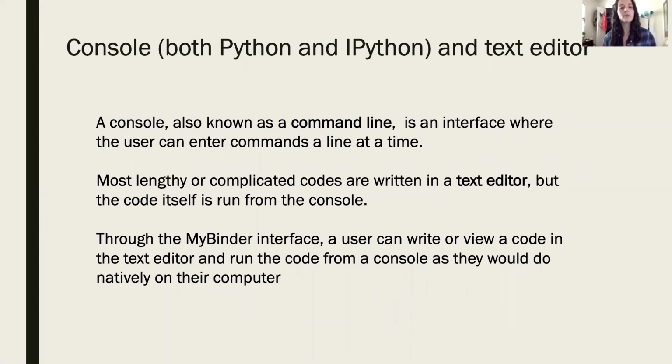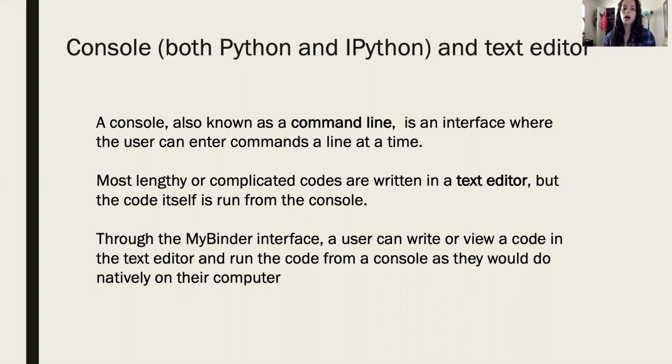The first important feature is the console, which comes also along with the text editor. A console, what most people know as the command line, is an interface where the user can enter computer commands one at a time. So if you've used the command line before, you kind of know it as this black square box that you type text into and hit enter.